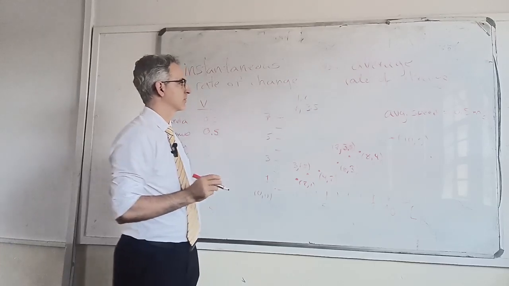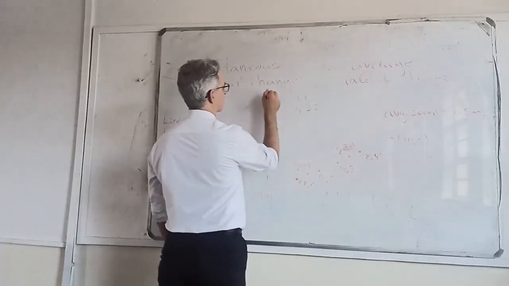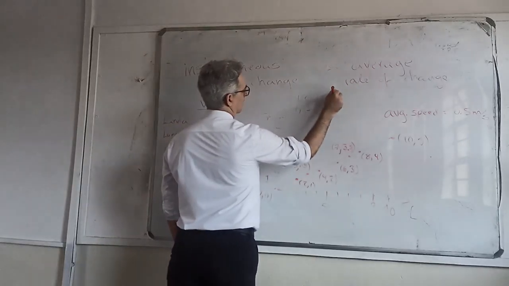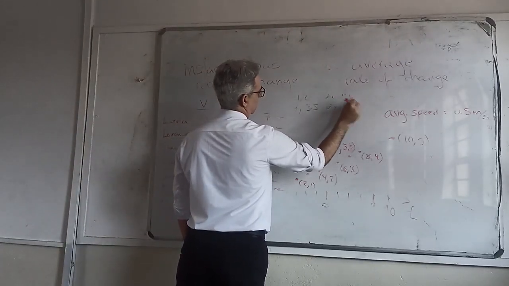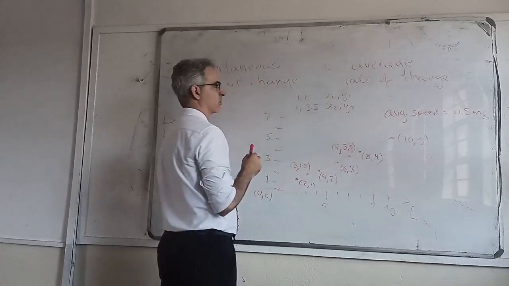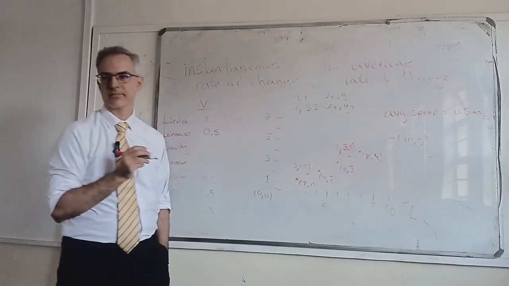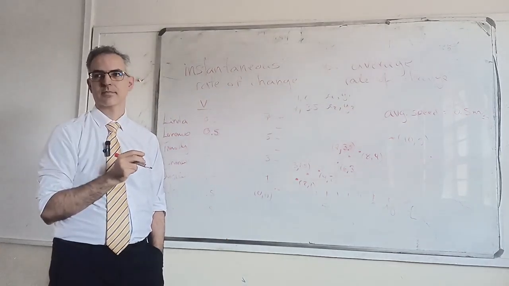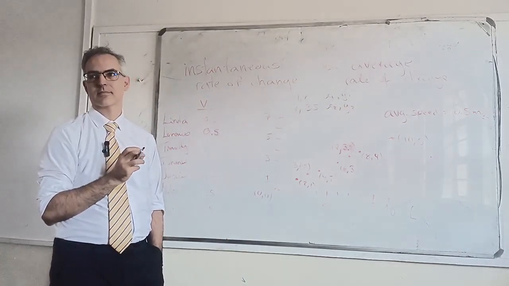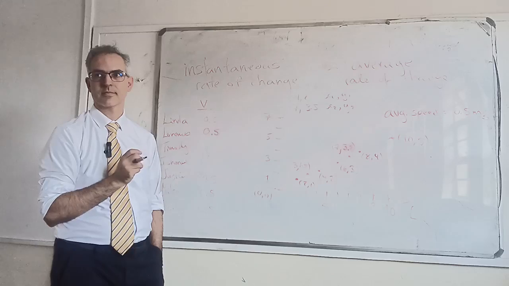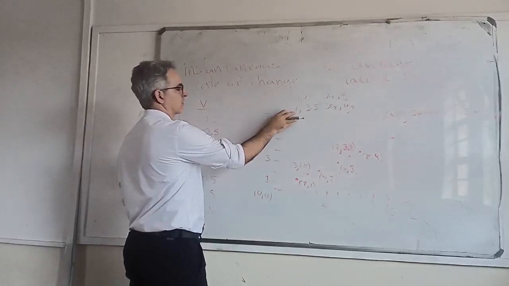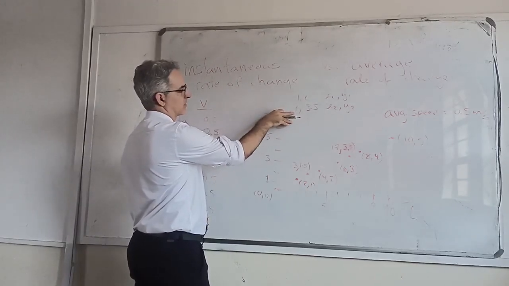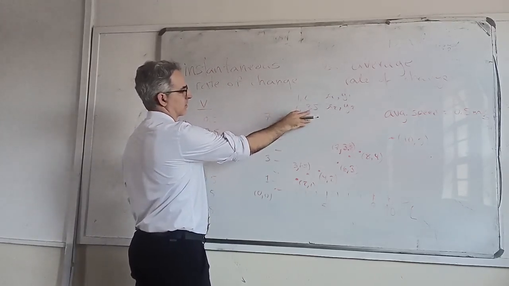x1. So this is x1, y1. This is x2, comma y2. So what next? Then I took x2 minus, which is 7, minus. No, I mean y2 minus y1.